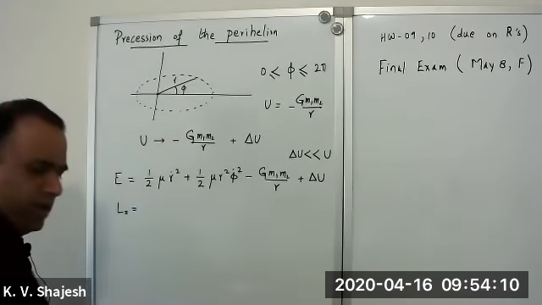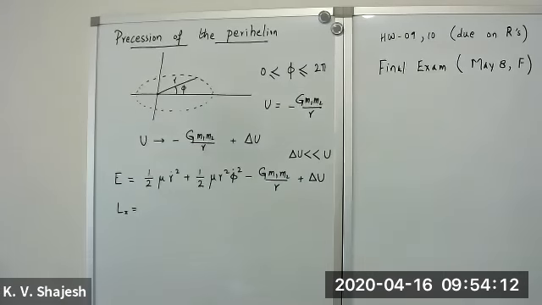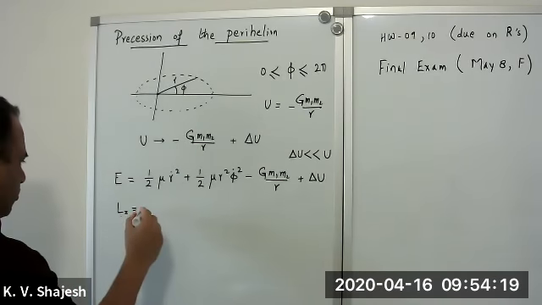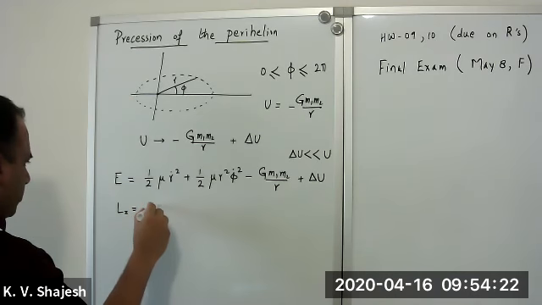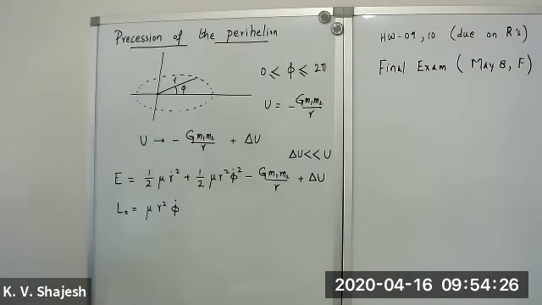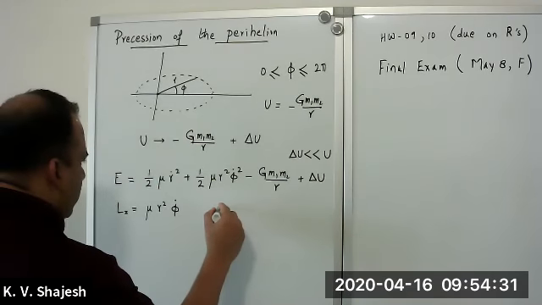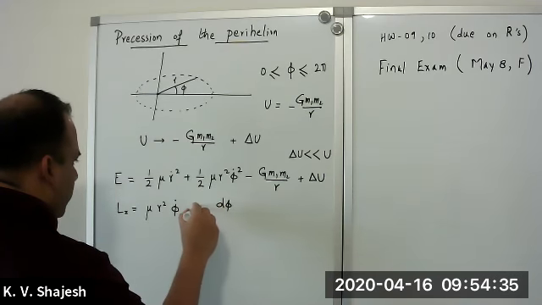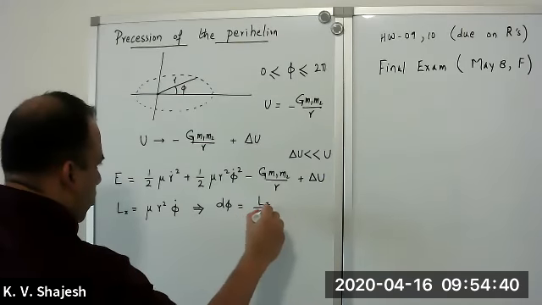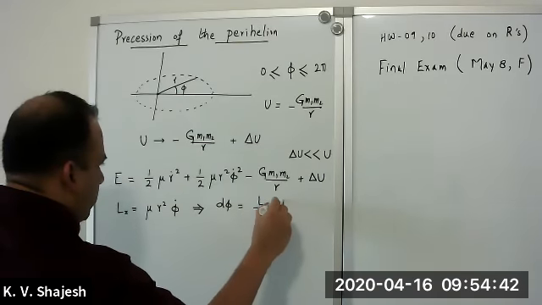So that's a kind of perturbation we'll talk about. And the angular momentum is mu r square phi dot, right? Which immediately tells us that d phi is equal to Lz over mu r square times dt.